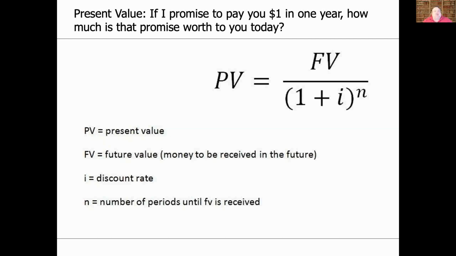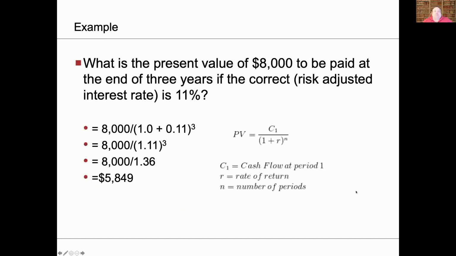For now, let's just assume that we know what the discount rate is, and let's assume that it's 11%. So suppose that I'm going to pay you $8,000 at the end of 3 years, and the discount rate is 11%. How would we calculate that?